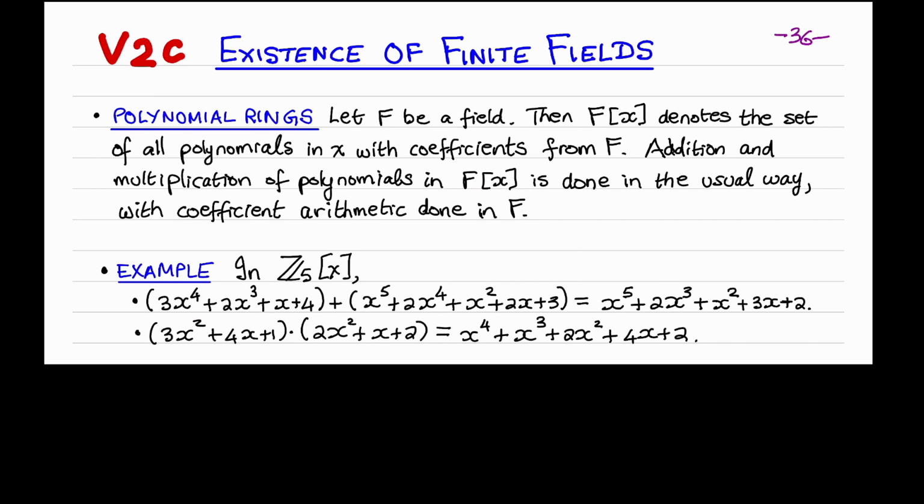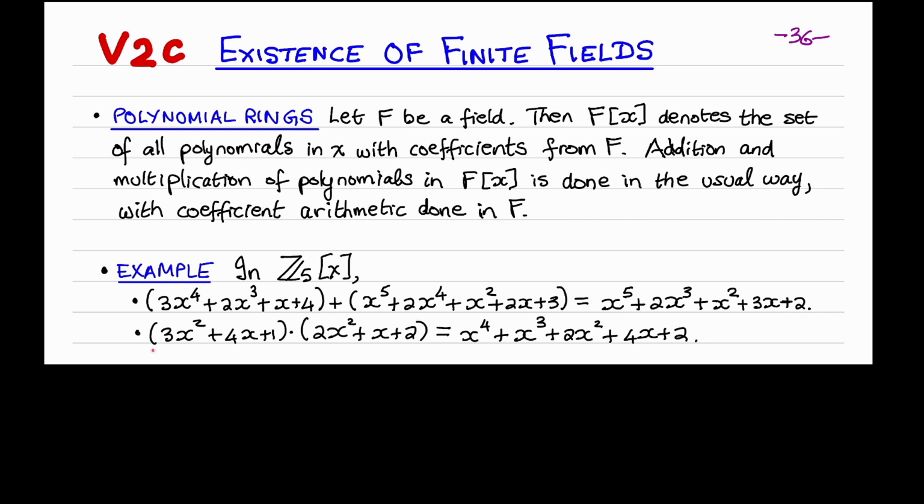So, for example, when I add 3x to the fourth and 2x to the fourth, I get 5x to the fourth. But 5 is congruent to 0 modulo 5. So, in the set of polynomials over Z5, 5x to the fourth equals 0. And that's why the 5x to the fourth term doesn't appear in the sum. Similarly, 4 plus 3 is 7, which is congruent to 2 modulo 5.